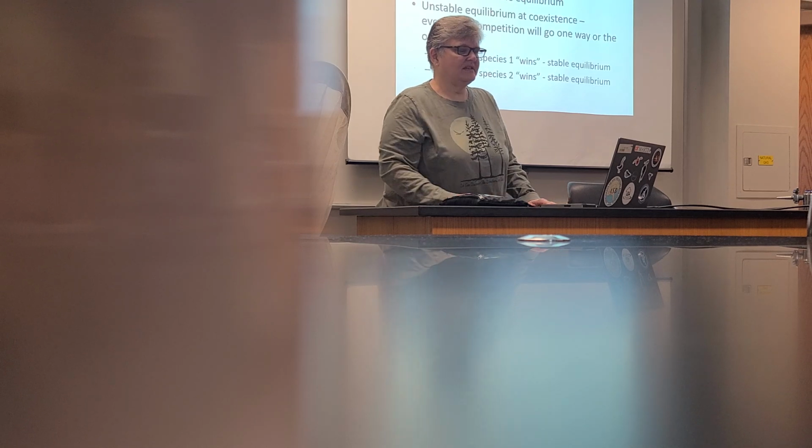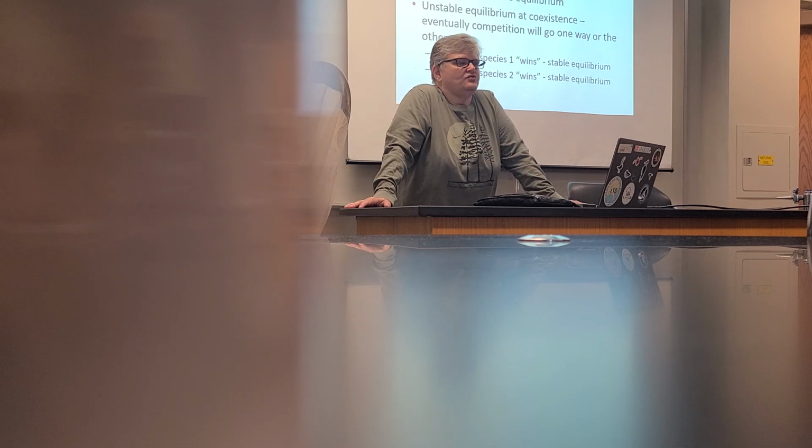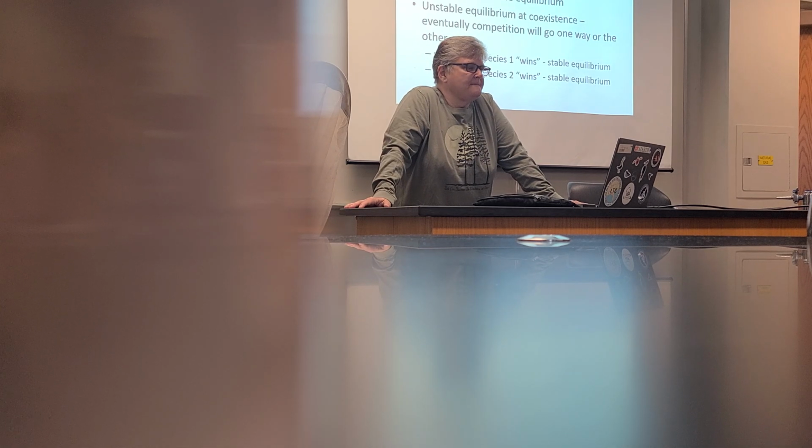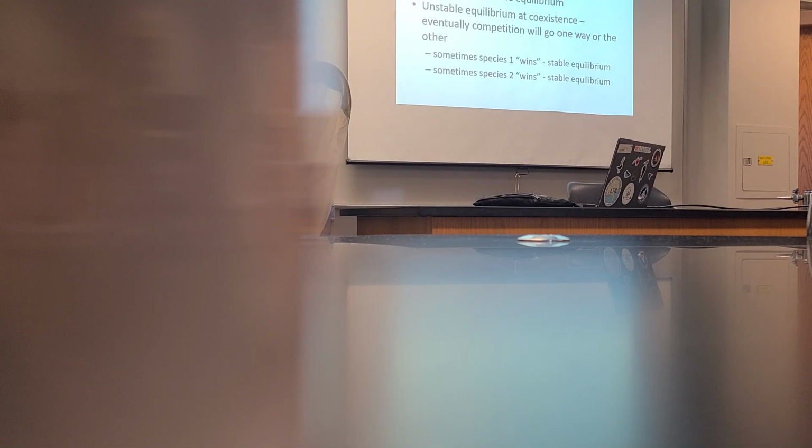And so the last one is the messiest one. It's not that hard to understand once we get the model drawn and up. And that is an unstable equilibrium at coexistence. And to do that one, what's going to happen is you flip this one, and then you end up with a coin toss unless you know something more about the species.